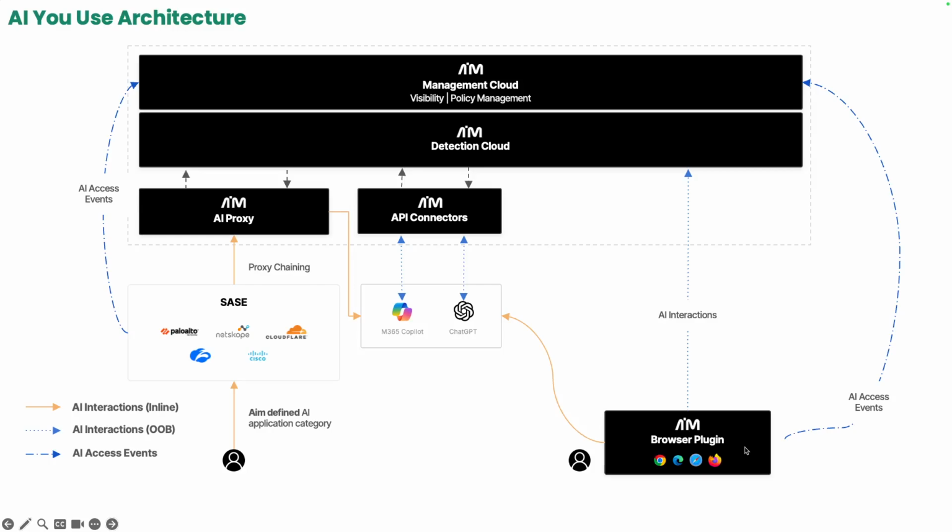You can use the CATO AI browser plugin across the different Chromium browsers, and when the user is using those AI applications, you get visibility and control across the different AI interactions the user is doing, and everything is going to be logged within the CATO management platform from the visibility perspective.